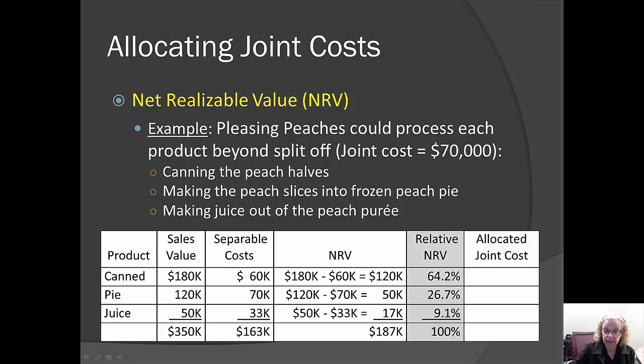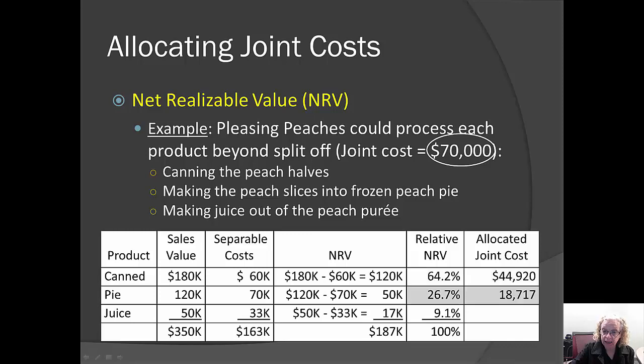We can add these up to make sure that they equal 100%, and then we can use these ratios to allocate the $70,000 of joint cost. So, the canned peaches get 64.2% of the $70,000.